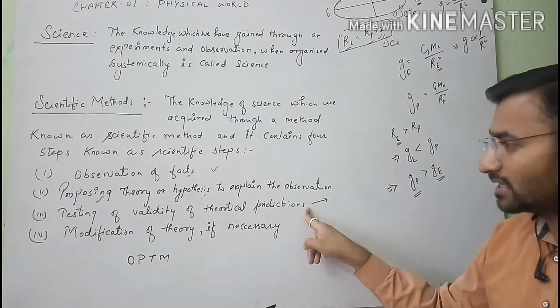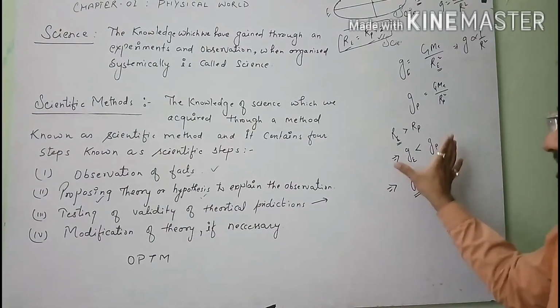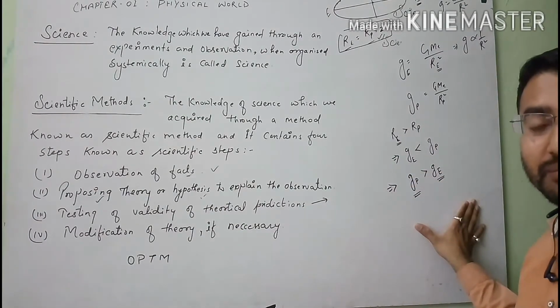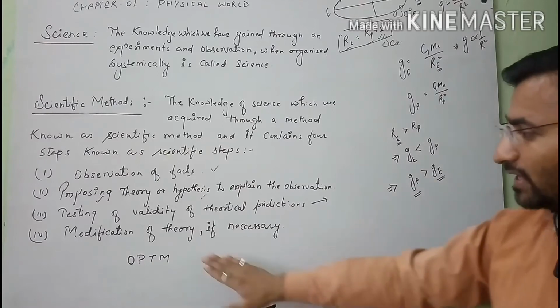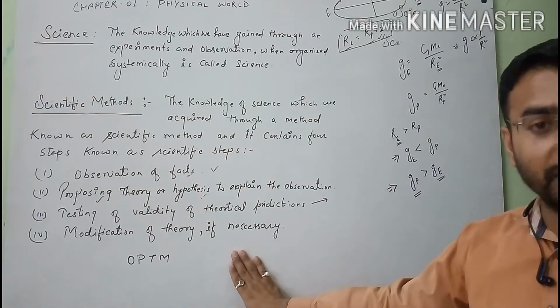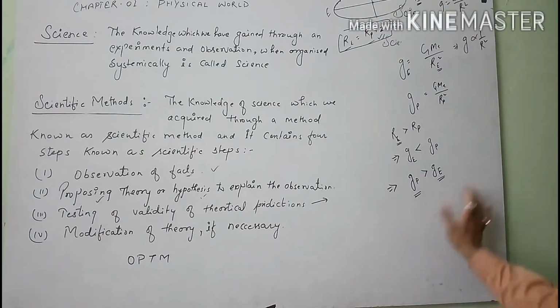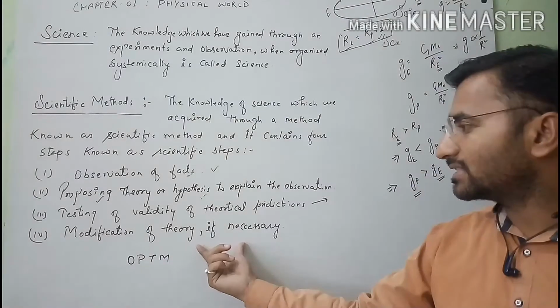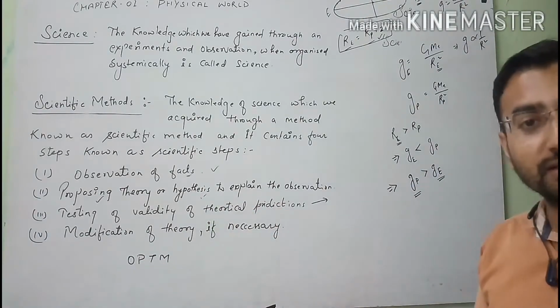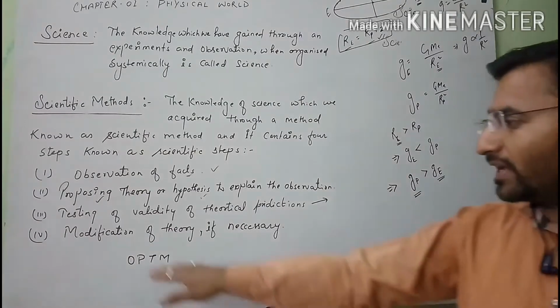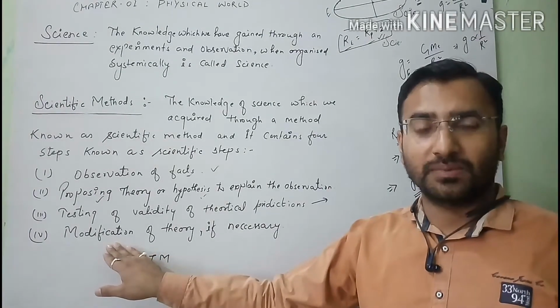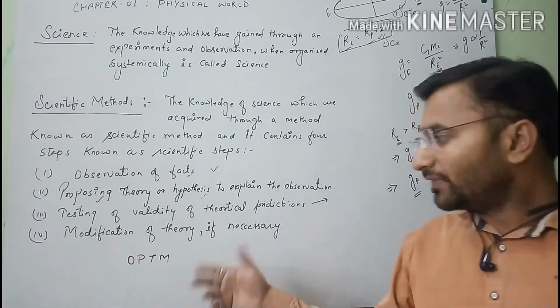So this is our testing of validity. If there is any missing term, then we can use a modification. Here there is no modification, so you can say that our testing of validity is correct. Modification is not a compulsory term. It is only useful if it is necessary.